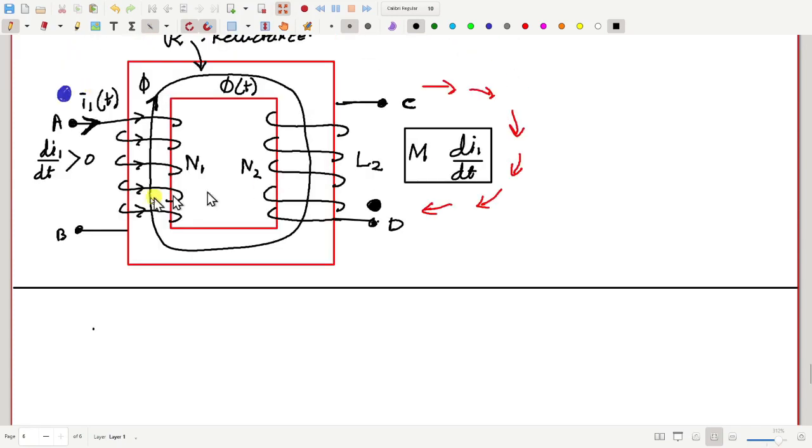So when we have these two coils, we can do one thing.